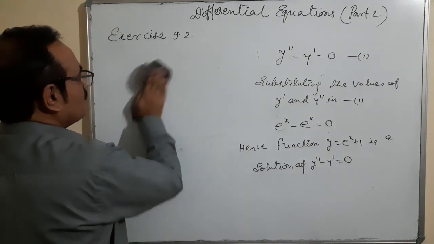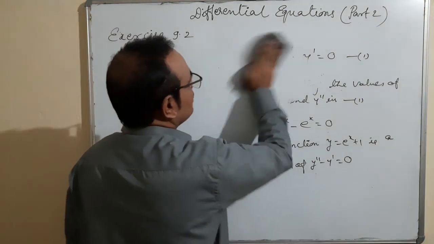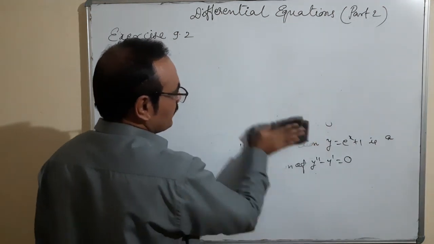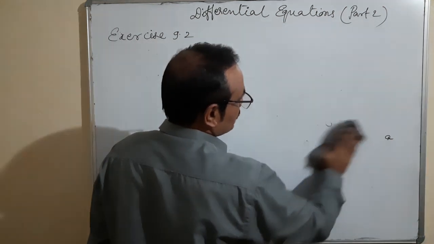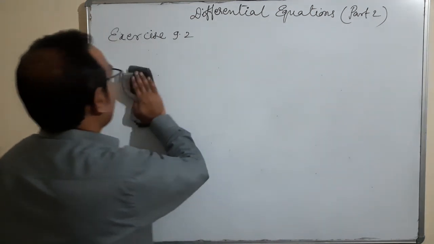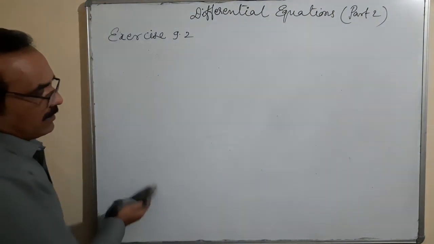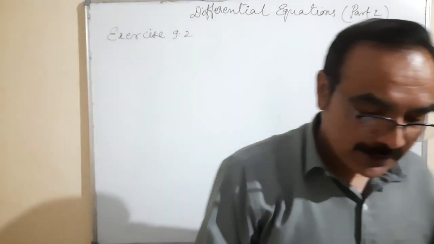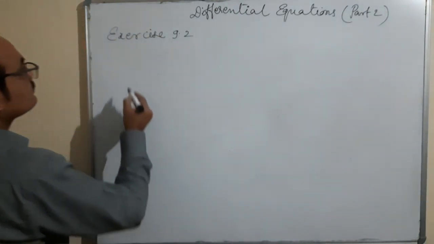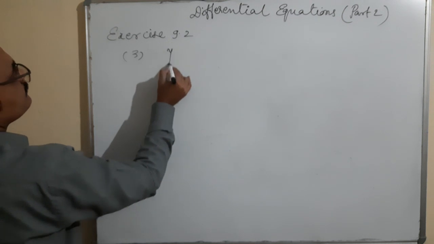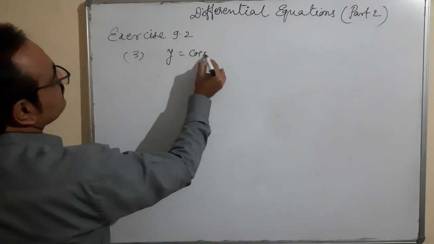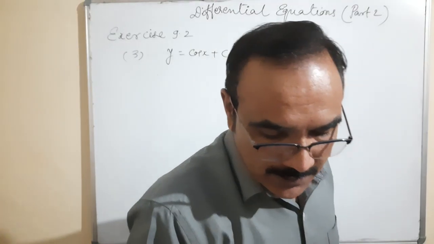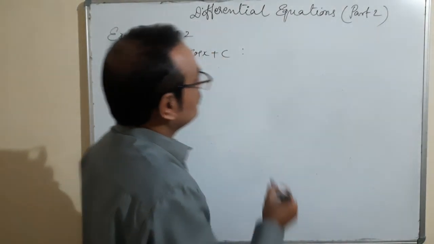After that I am taking one question based on trigonometric terms. But you remember the working procedure is the same for all the questions. Taking question number 3, which is y is equal to cos x plus c, such that the differential equation y dash plus sin x is equal to 0.